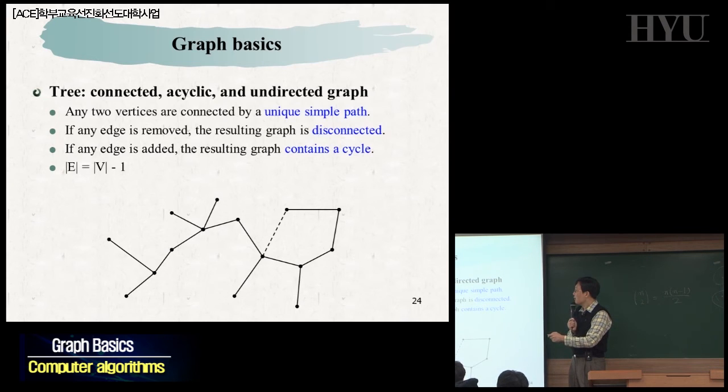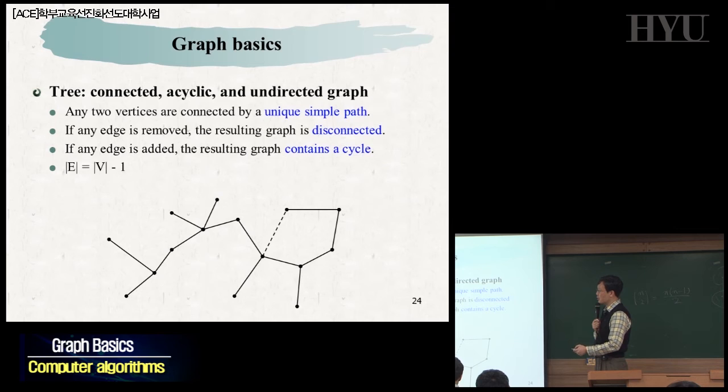By this property, they are already connected by a unique simple path, and this path plus this edge constitutes a cycle. So if we add a new edge here, then this is a cycle. So it's true.